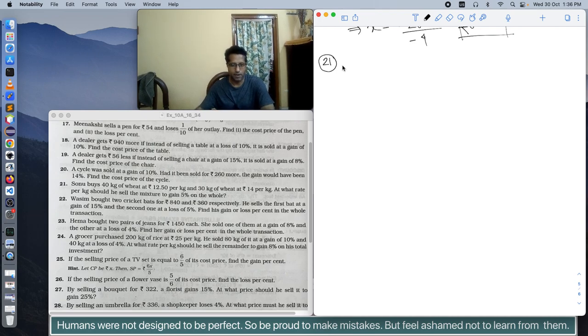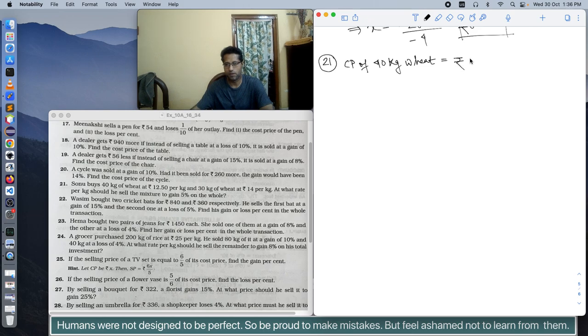Okay, so let's find out what will be the total price of the mixture of 40 kg plus 30 kg of wheat. So it is the CP, cost price of 40 kg wheat, will be equal to its price is rupees 12.50 per kg.